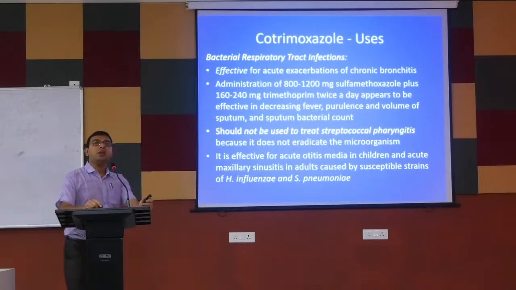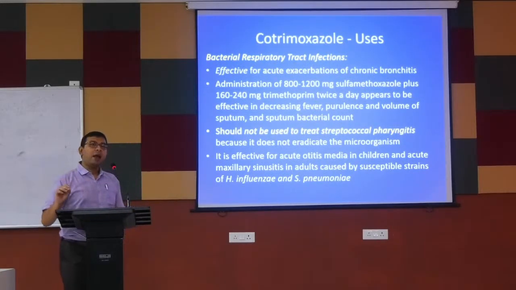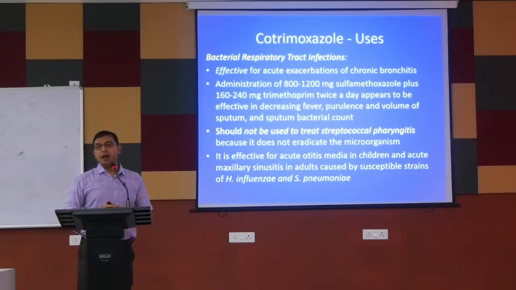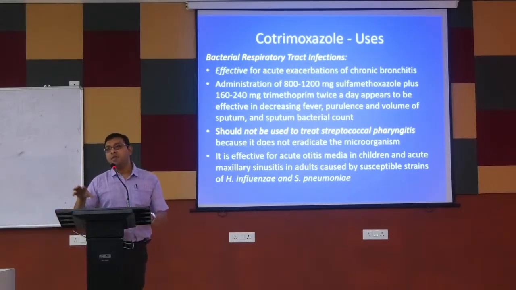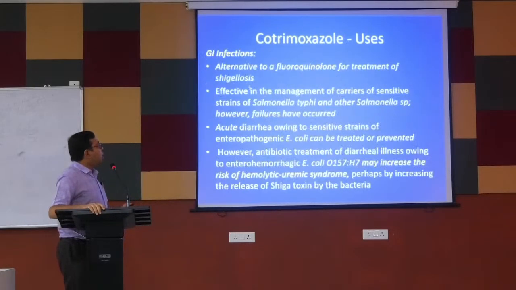Why is this eradication important? Because in streptococcal pharyngitis, if eradication does not happen, the infection can reach the heart and rheumatic heart disease can happen. Rheumatic heart disease can happen if sulfonamides or cotrimoxazole are given in pharyngitis. So it should not be given in pharyngitis, it should be given in other respiratory tract infections.